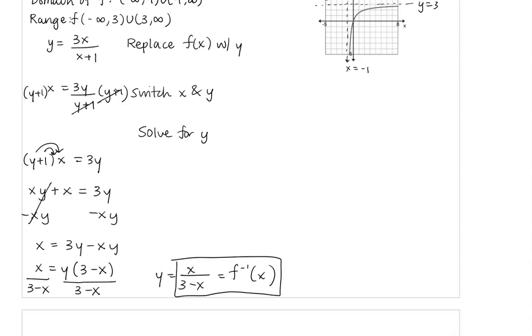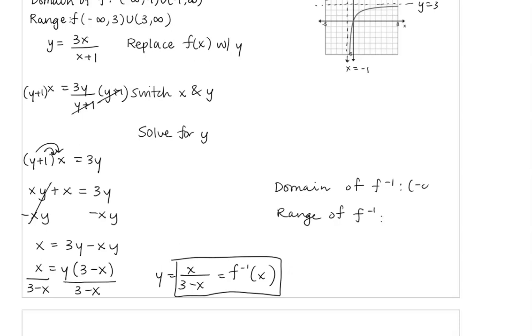And now that we have f inverse of x, we can talk about what the domain of the inverse function is and what the range of the inverse function is. Well, for the domain, I need to look at the denominator of the inverse function, and when we do that, we can see that we definitely need to exclude 3 from the denominator.